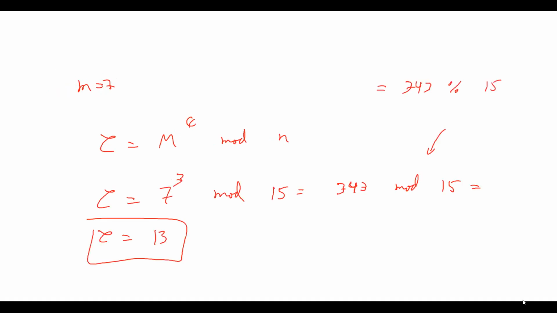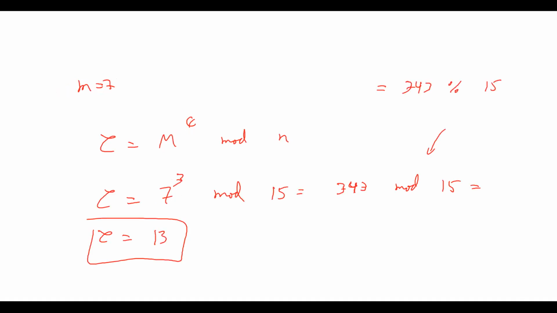All right, so now let's do decrypt. You're going to do M, which is what you want, the plain text message, equals C to the D mod N. So again, now you have the C was 13.